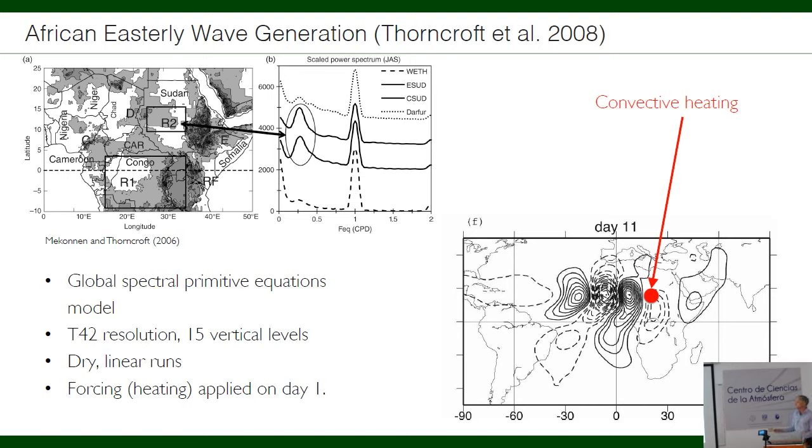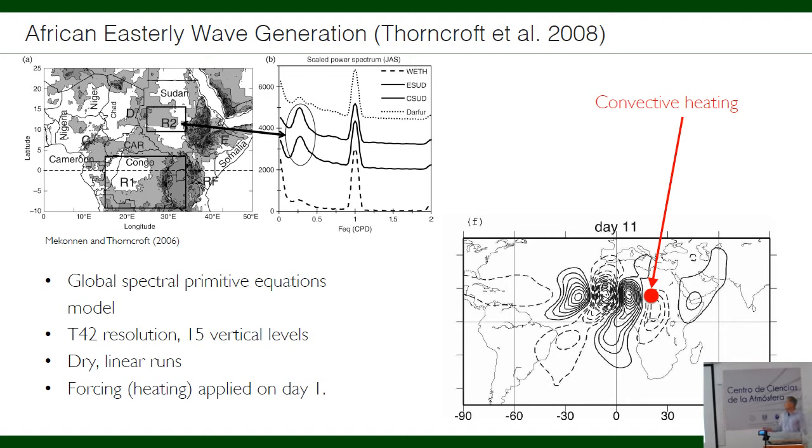If you jump over to this plot, it has a very strong diurnal cycle of precipitation. There's very strong diurnal precipitation generated over the mountains every day, and then this precipitation propagates towards the west. As it propagates, it can actually be a seeding mechanism for African easterly wave generation.